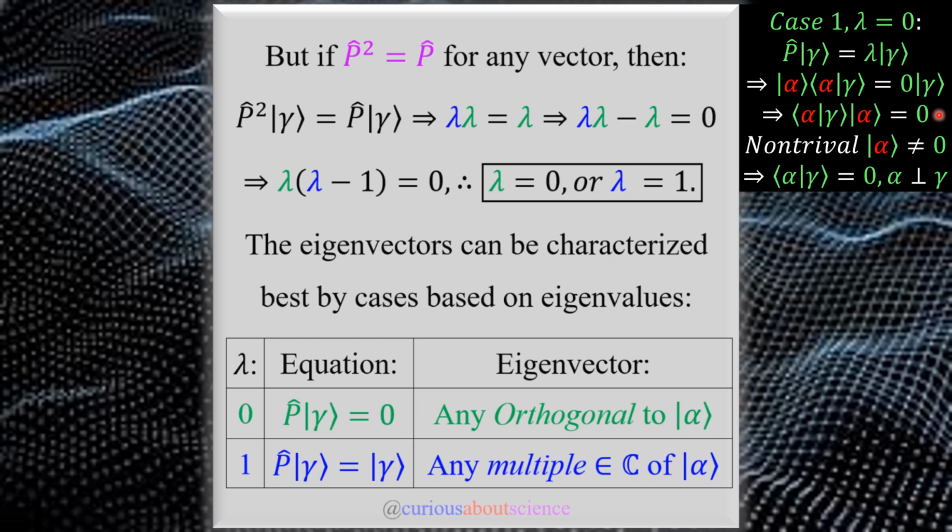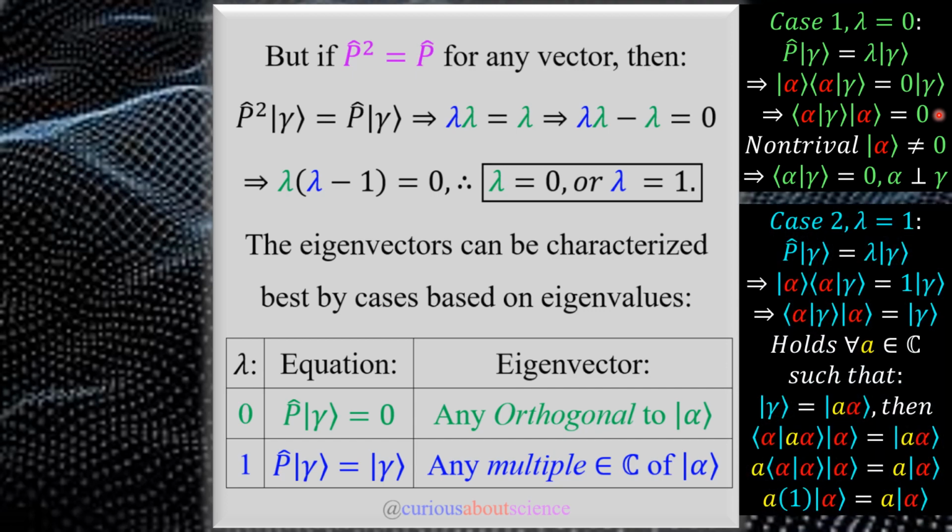Moving on, though, what we see for case 2 is going to be a little more tedious if you're not careful. So here we see that in case 2 for lambda equal 1, we descend down the eigenequation, as you see here. What we see is that we have some multiple of the vector, because this inner product leads to a scalar, equals the eigenvector.